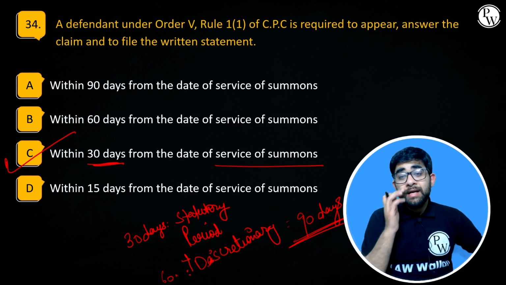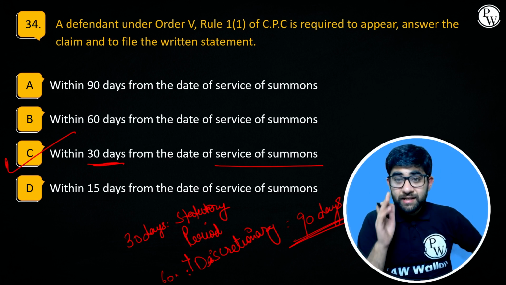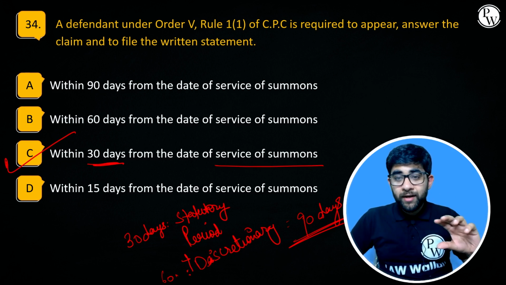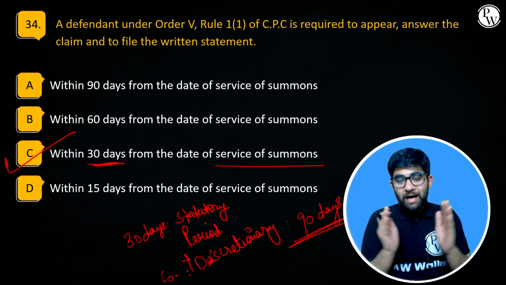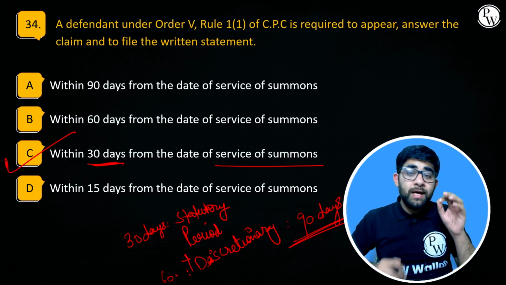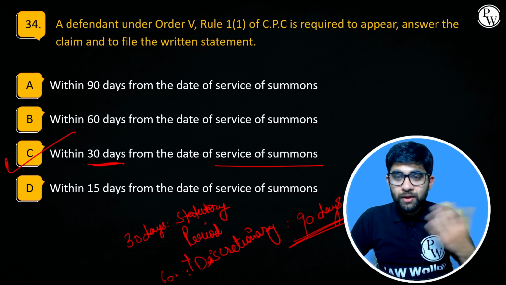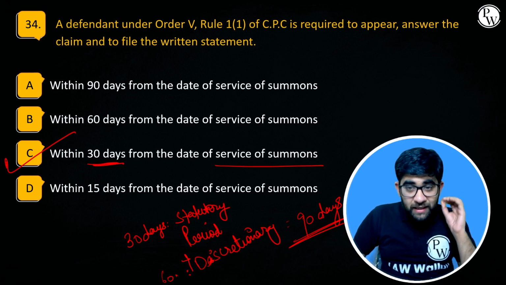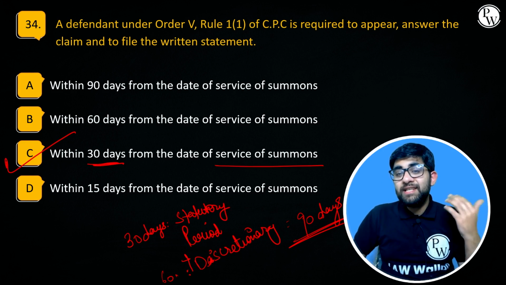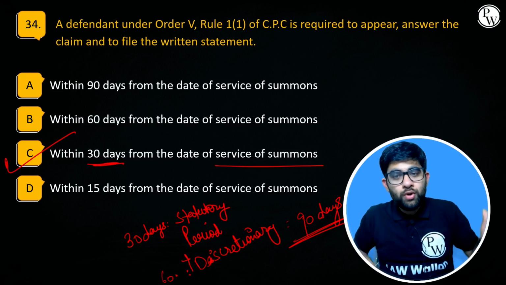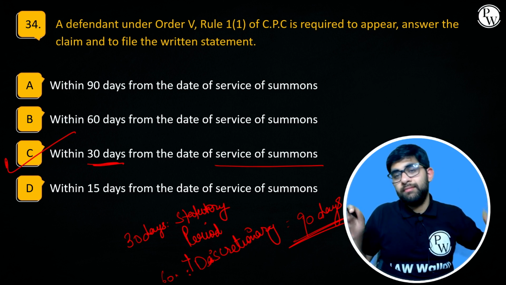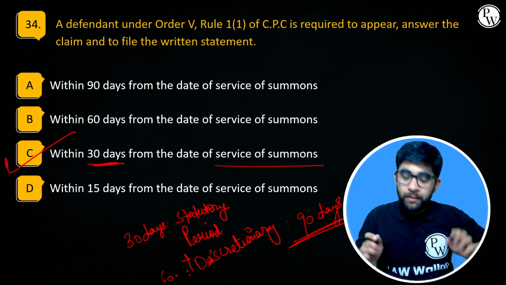Okay, 60 days are discretionary days, 30 days are the statutory period. So in total you have 90 days to file your WS. 30 days, 100% you will be given, it is a mandatory provision. 60 is a discretionary provision on the judge. If the judge says no, I'm not allowing you after 30 days, then your WS will not be taken on record.